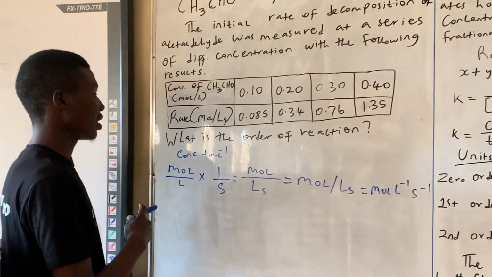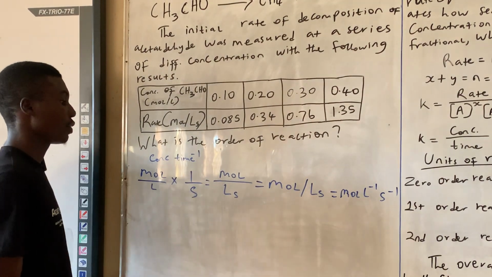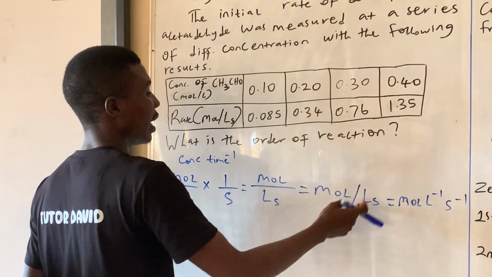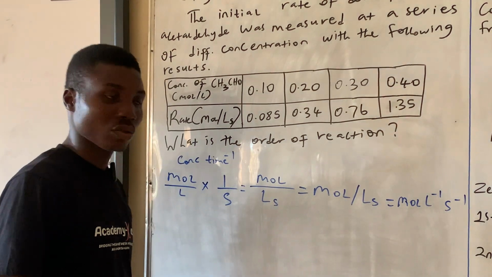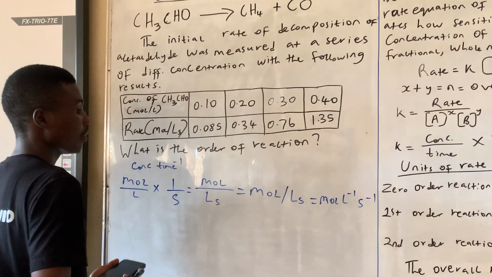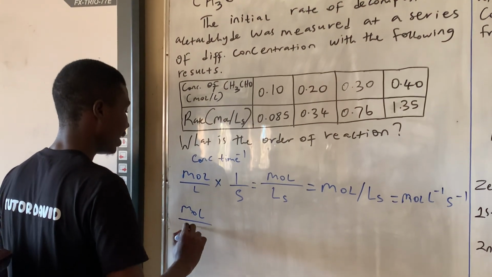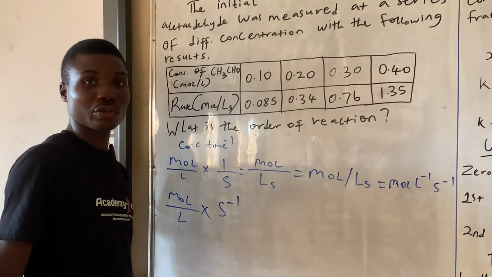So that's basically what we have here. Mole per liter times 1 over s. 1 over s is like per second. So that's mole per liter per second. For you to understand how this functions, it's very simple. Mole over liter times 1 over s, in indices, is s raised to the power of minus 1.